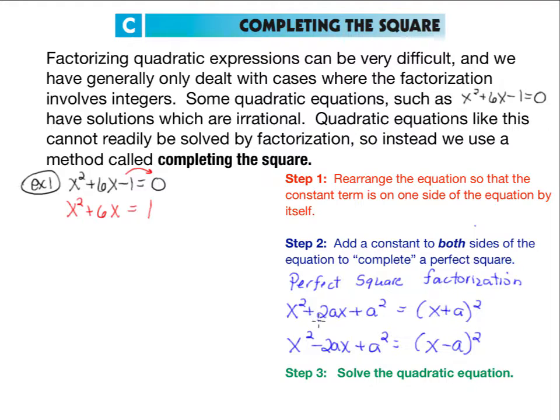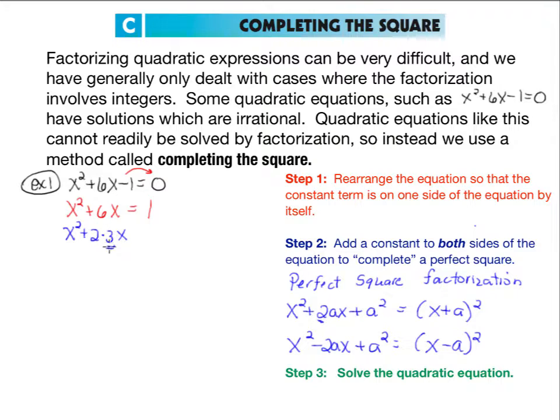The key is that the first term needs to be a perfect square, the last term needs to be a perfect square, but the middle term needs to be double the product. So I need to take a 2 out. I need to rewrite 6x so it's 2 times some number times x. Well, 2 times 3x equals 6x. And I know my last term in a perfect square needs to be whatever that a term is squared.